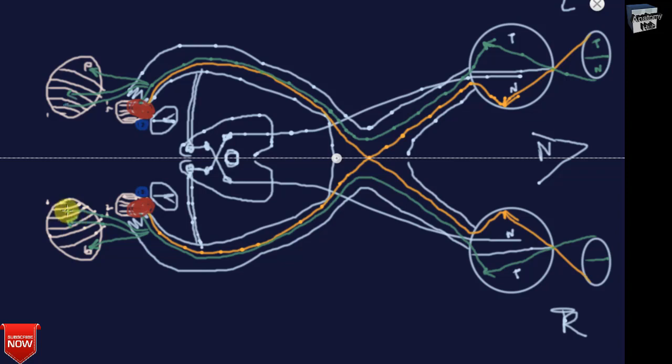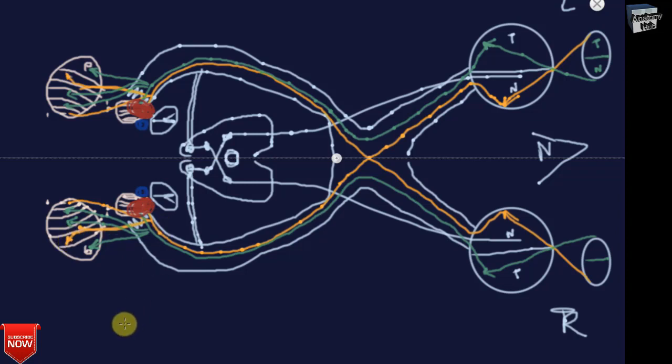Clear? But the nasal crossed pathway, the contralateral pathway, will relay over the 1, the 4, and the 5.